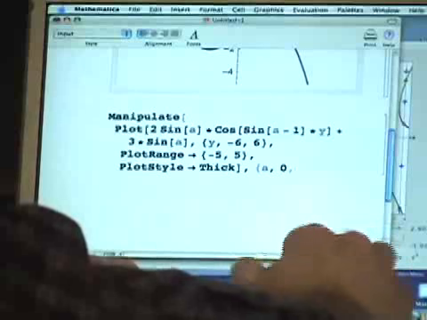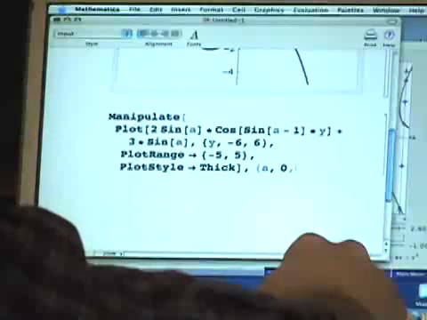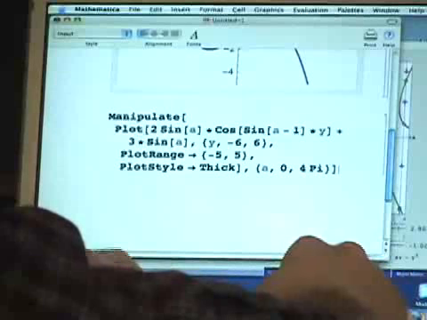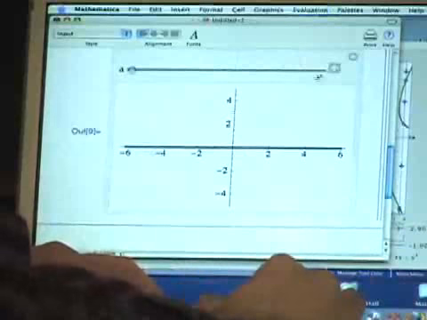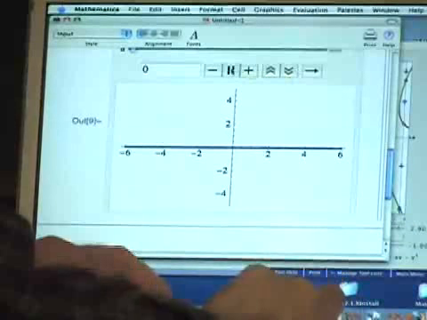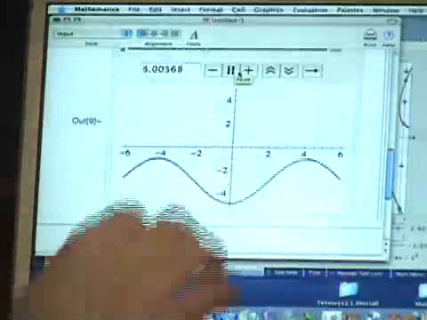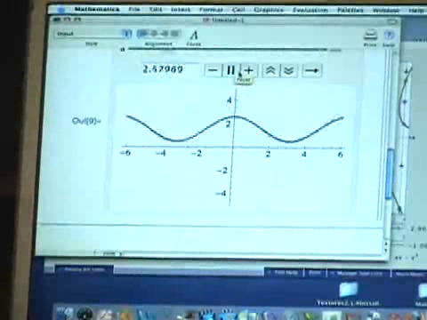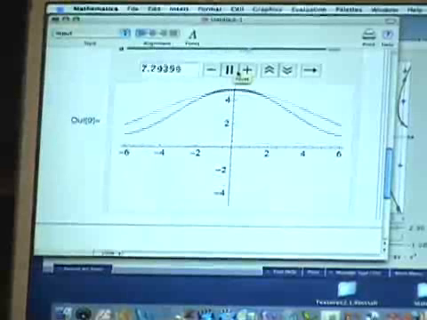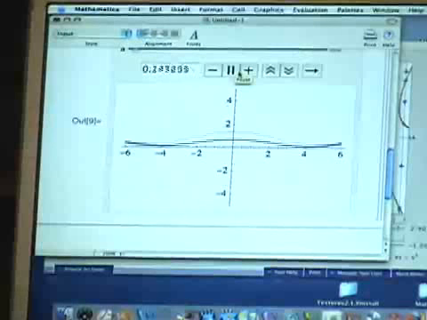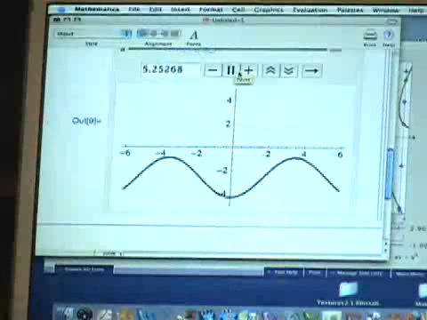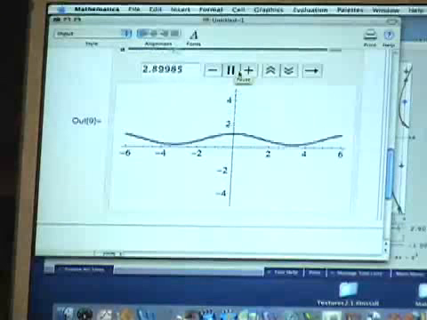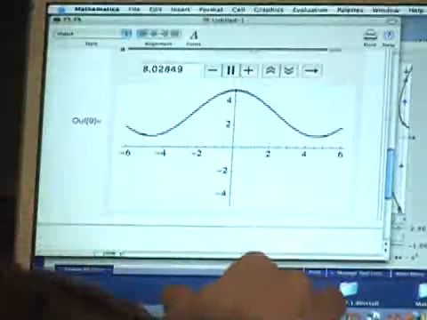I'll start at 0 and go up to, maybe it's something like 4 pi. Let's see what happens here. Okay, there's how the right-hand side of the differential equation is changing as a changes. Imagine trying to find the bifurcation points of that, okay? What values of a does it cross through the horizontal axis? It would be pretty hard to find.